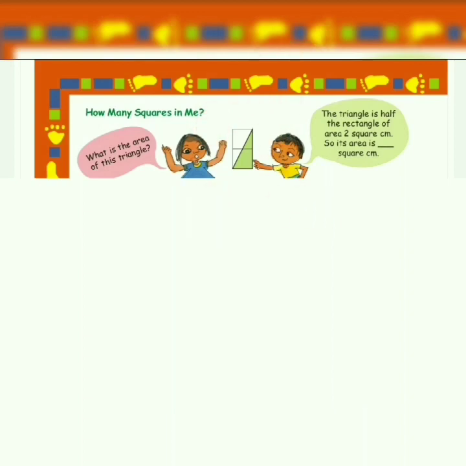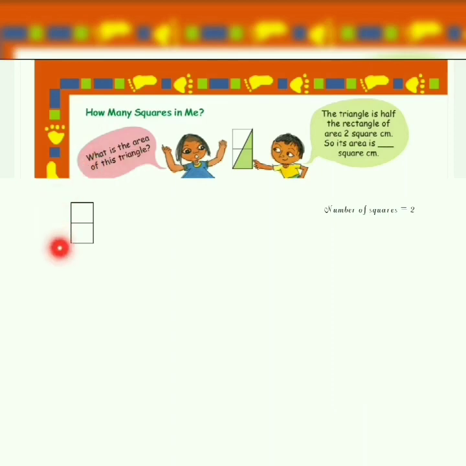Okay, first of all we will understand the given figure step by step. Pay attention here. This is our first step. Can you observe it? This is 2 squares. So number of squares is equal to 2. Each square measures 1 centimeter by 1 centimeter.